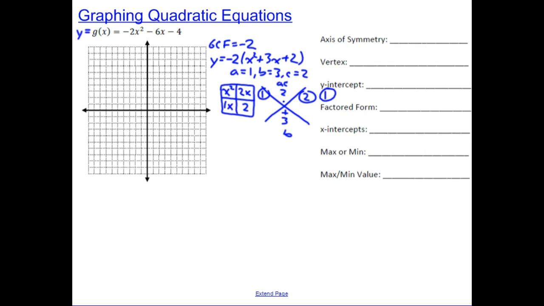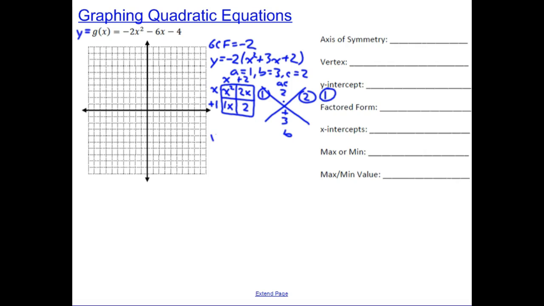So looking at my box now, in the first row, what goes into both x squared and 2x is x. In the second row, what goes into both 1x and 2 is a positive 1. Looking at my columns, if I pull an x out of x squared, I'll be left with x. And if I pull an x out of 2x, I'll be left with a plus 2.